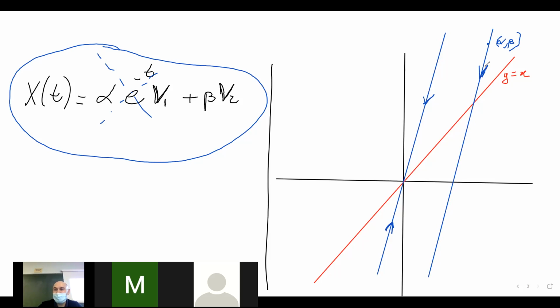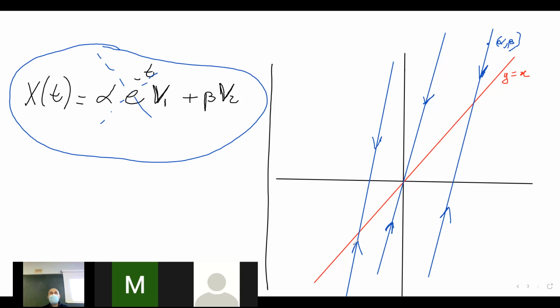And if I pick a solution here, it goes like that. So they are all parallel.